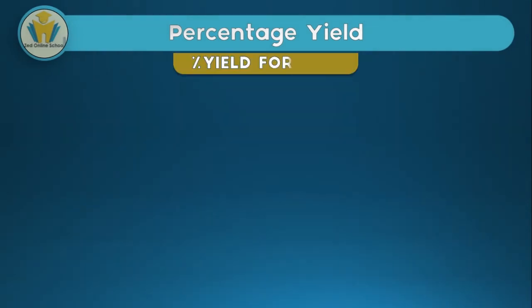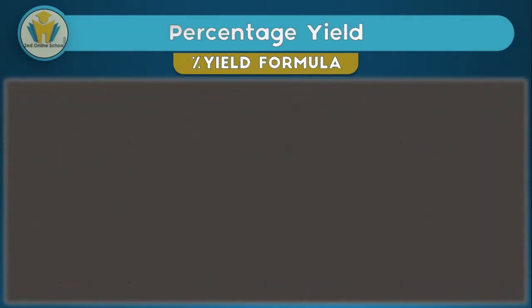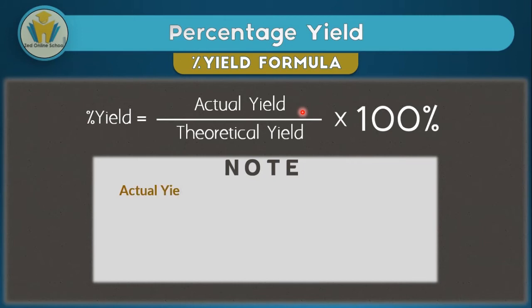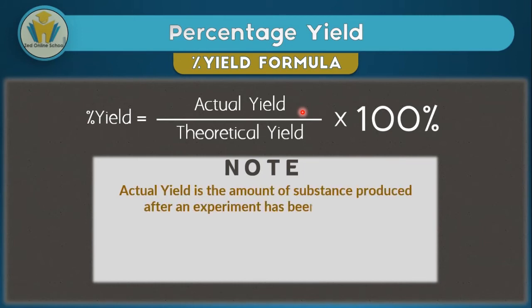To do this, we need a formula, and this is the formula. Percentage yield is equal to the actual yield divided by the theoretical yield multiplied by 100%. Now, it's very important to note what these two things are and how you'll be able to know which is which in a chemical reaction.